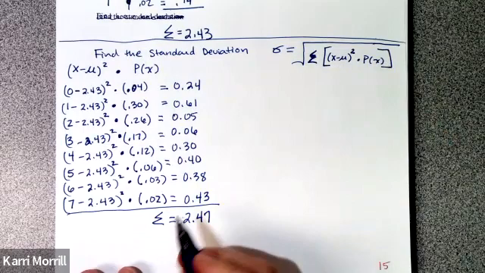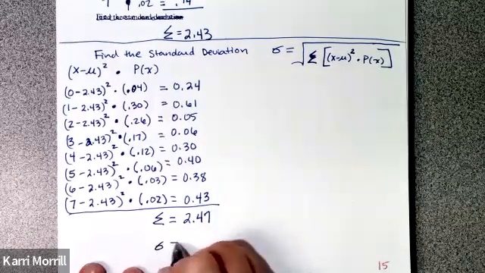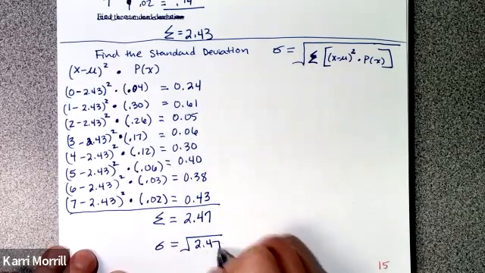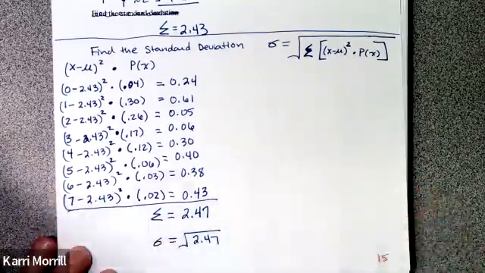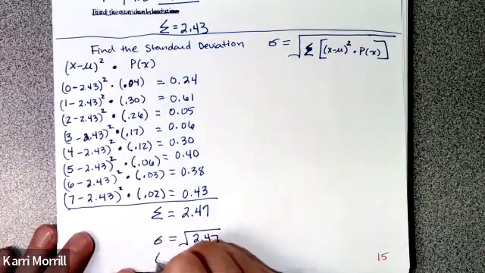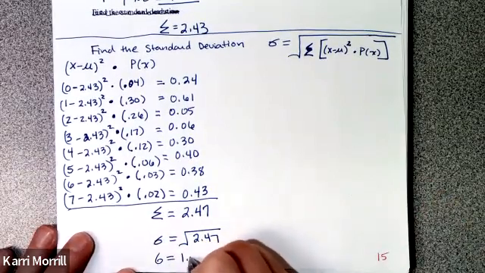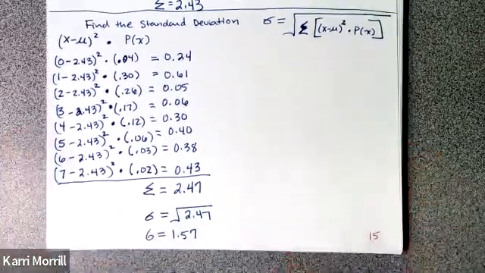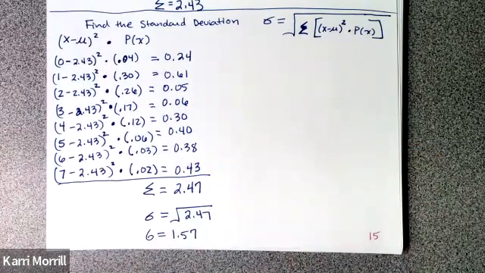So because of the formula to find our sigma, we take the square root of 2.47. And we would get, rounding it slightly, 1.57. Remember what standard deviation represents. It deviates that much from the mean.